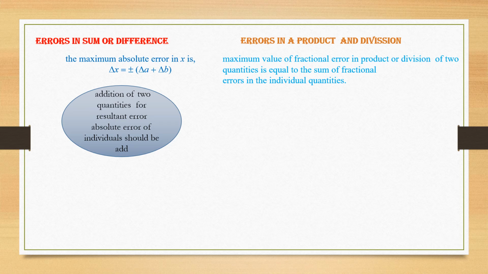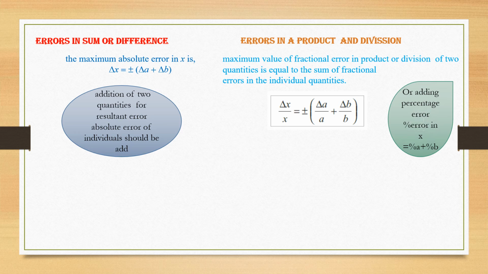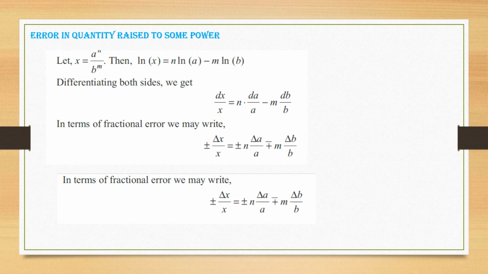Why do we add? Because we want the maximum value of error. So we take the sum. That is the formula for fractional error in a product or division. For example, the percentage error in x equals the percentage error in A plus the percentage error in B.